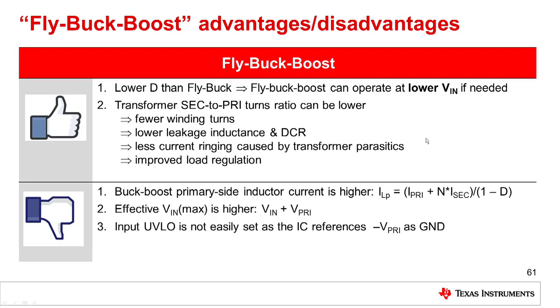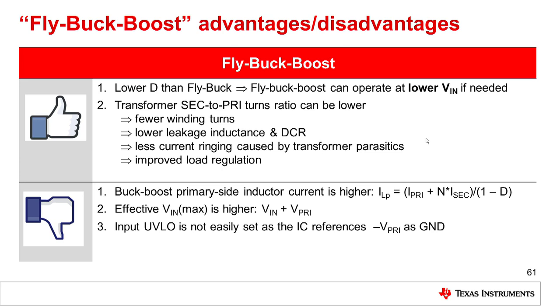So there are some advantages and disadvantages with a Flybuck boost. As mentioned, in a Flybuck boost you have a lower duty cycle than in a Flybuck for the same input and output situation. The transformer secondary to primary turns ratio can be lower. Basically, this means you'll have fewer windings on the transformer, which may make it a little bit smaller.